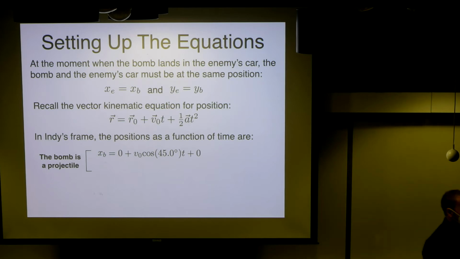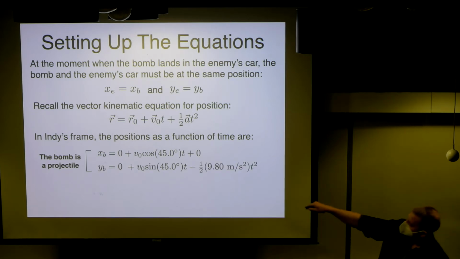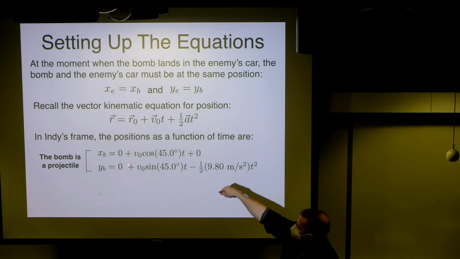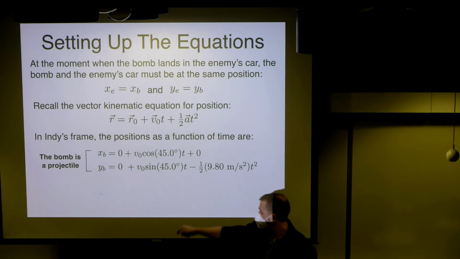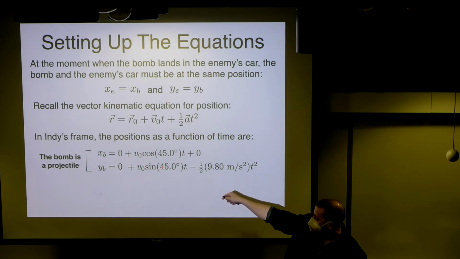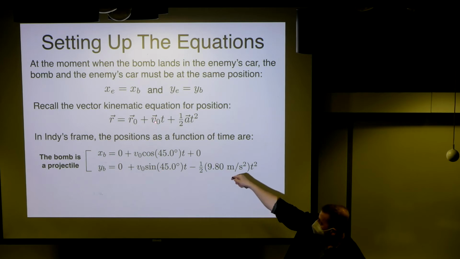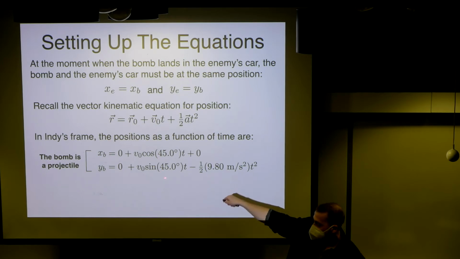What about for the y position? Well, again, we say the initial y position is 0 because in the coordinate system we set up, the bomb starts at the origin. And then we have v naught sine of 45 degrees as the initial y velocity. That multiplies t.